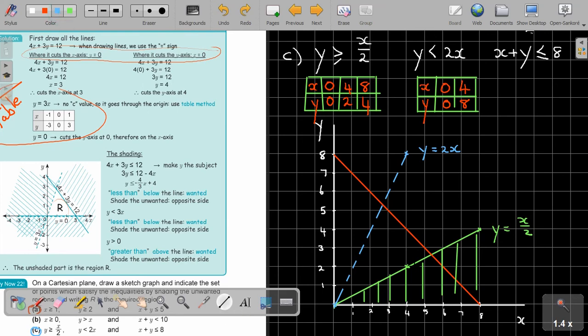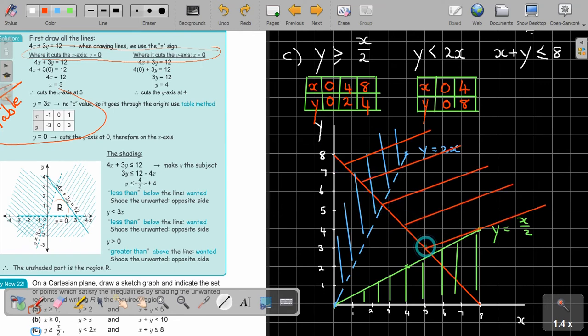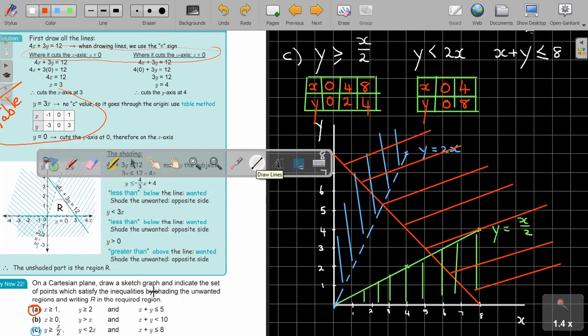This is smaller, so I'm going to shade the bigger. And my last one is smaller, so again I'm going to shade the bigger. Then this is my required region.